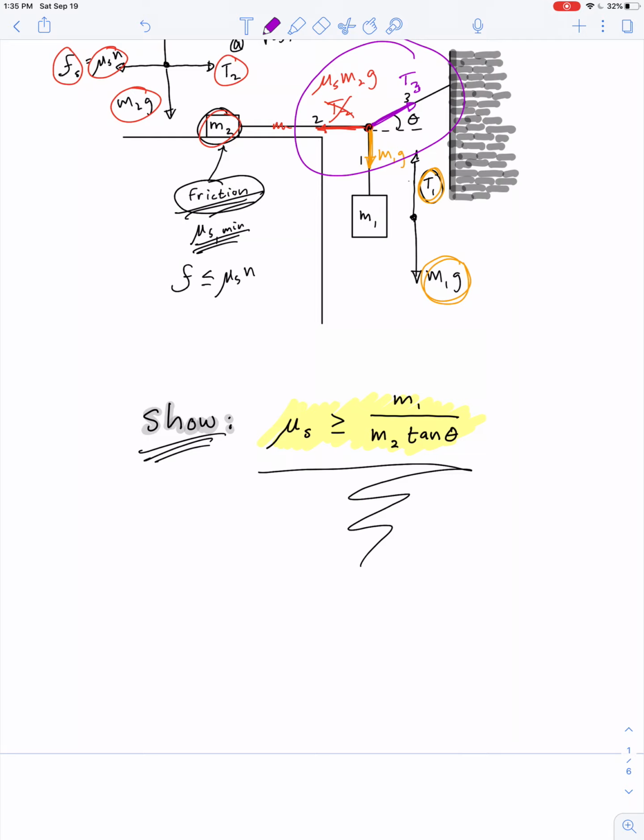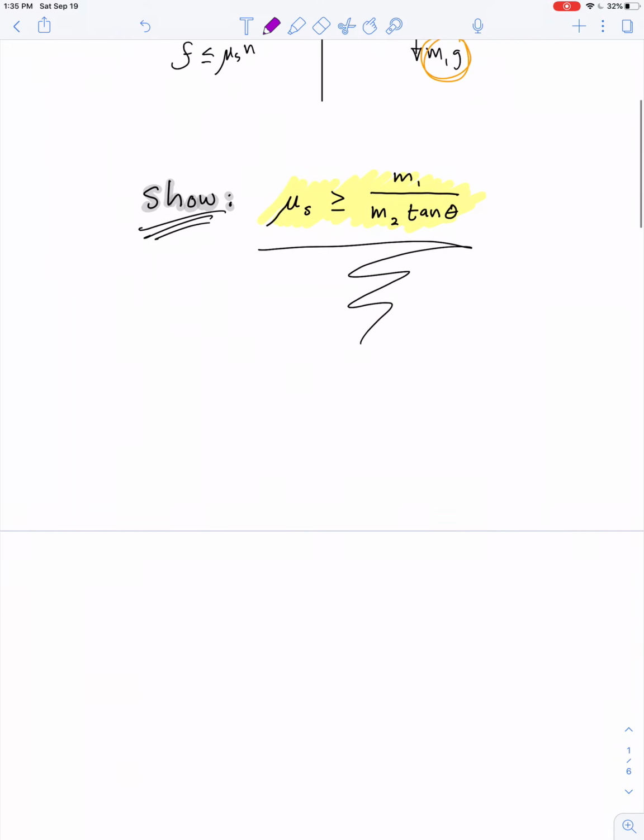Let's make it a resolved free body diagram. So we have mu s times M2G pulling to the left. We have M1G pulling down, and then we have another force at an angle, and we can break that into components by showing our x and y axes.